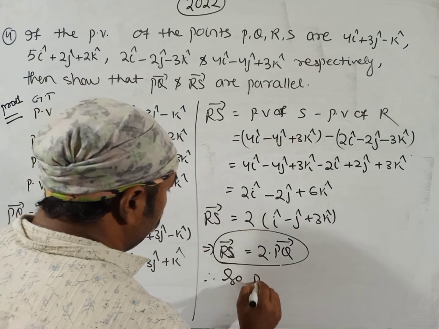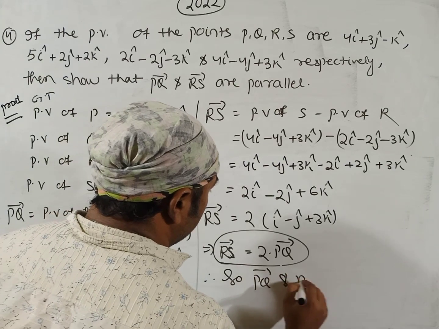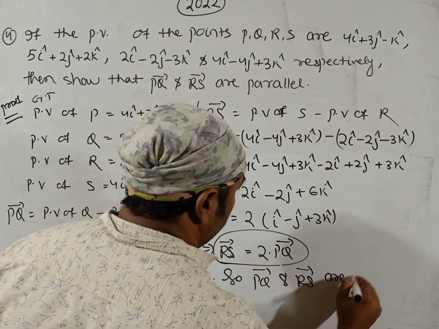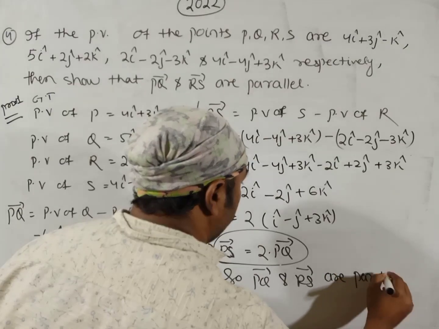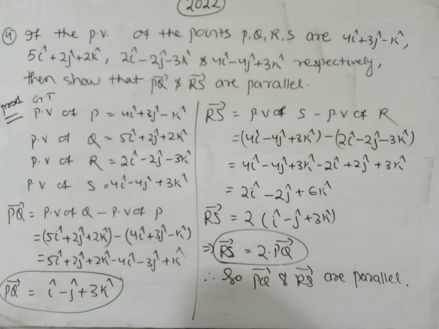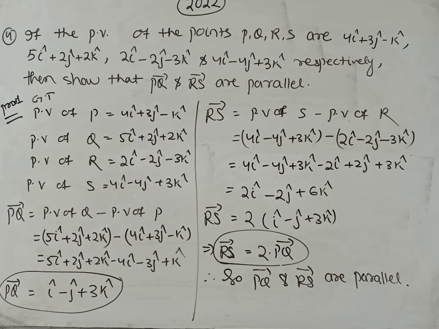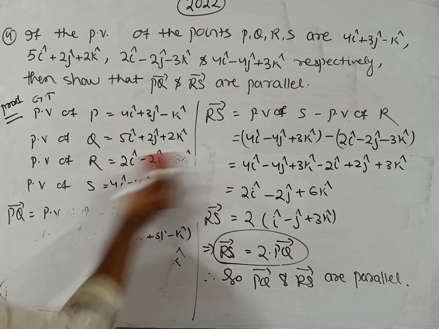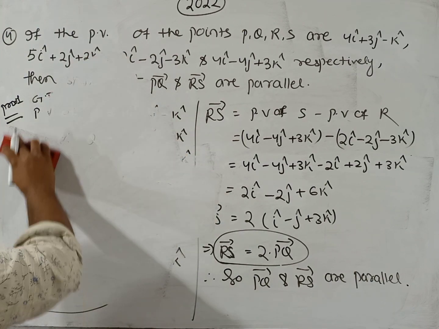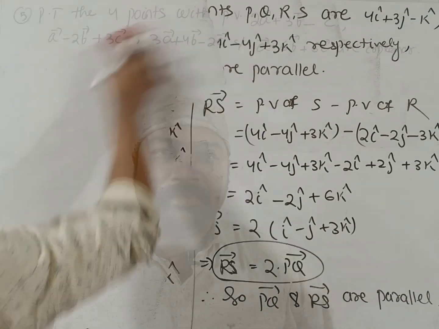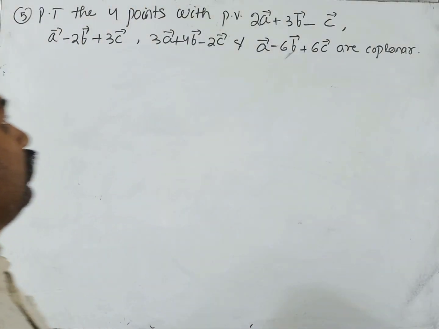So PQ vector and RS vector are parallel. And here it is the proof of the question. Then next, moving towards the next question.